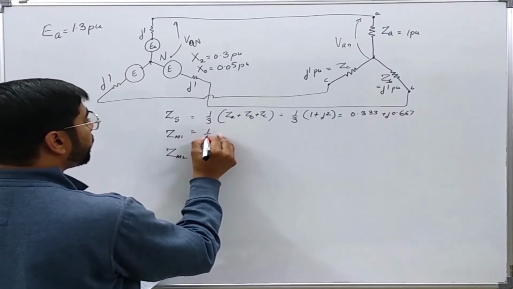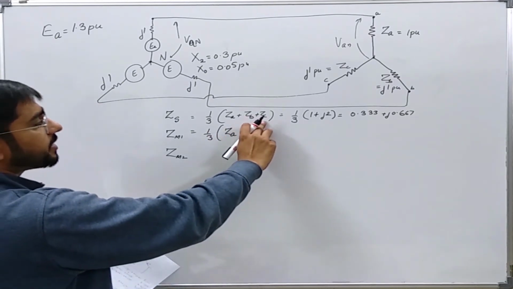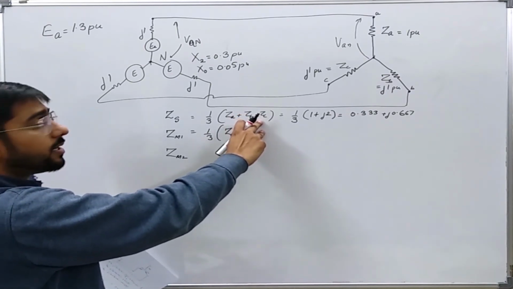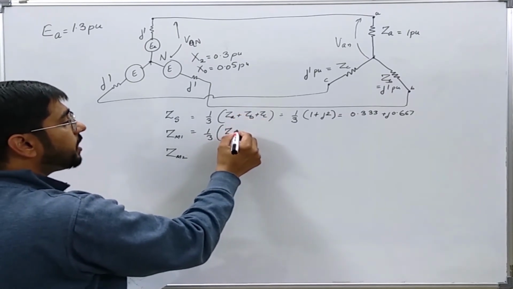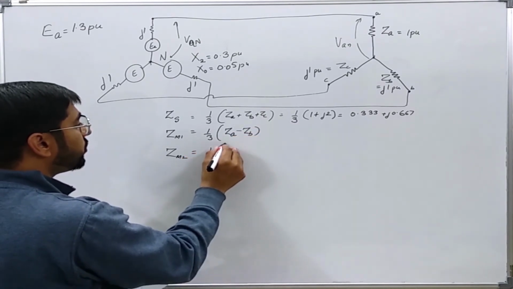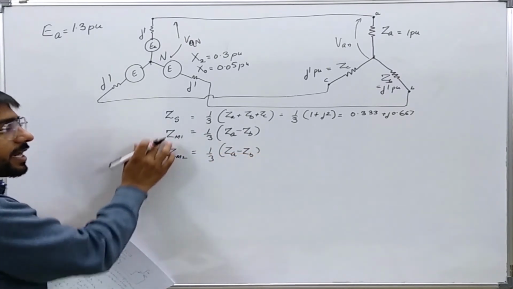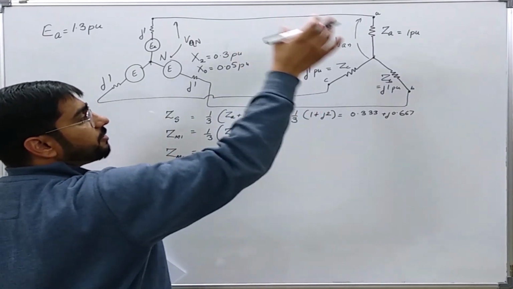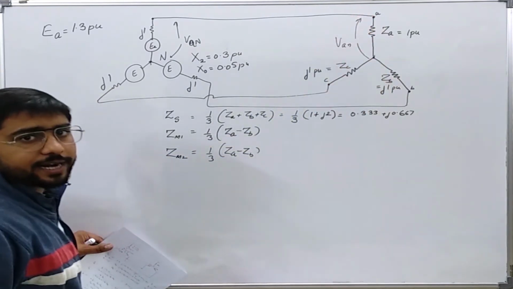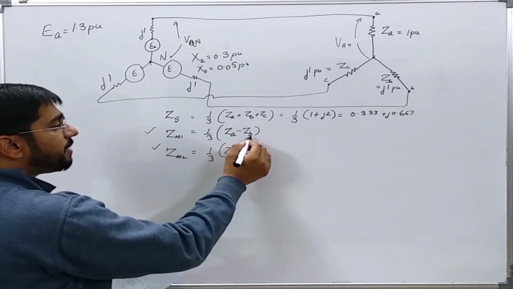Zm1 is equal to Za plus a squared Zb plus a Zc. Both are equal. Then a squared plus a is common, so it is equal to -1. So I can write it as Za minus Zb. Similarly, Zm2 is equal to Za minus Zb. So you see that both of these are equal. Whenever two impedances are equal in an unbalanced three-phase star-connected load, we will find that Zm1 is equal to Zm2 equal to Za minus Zb.